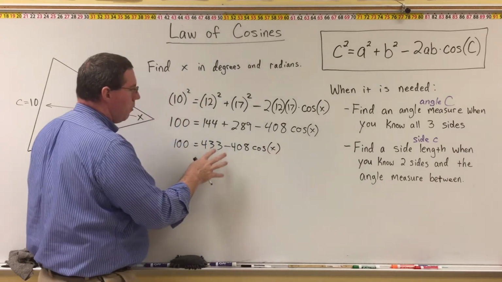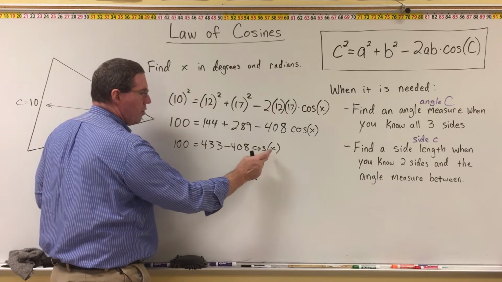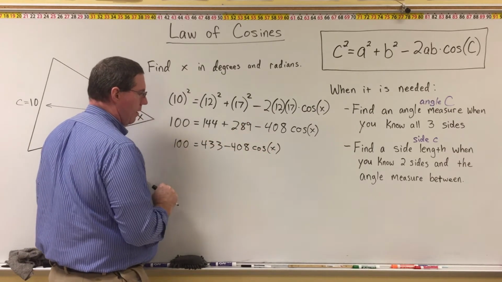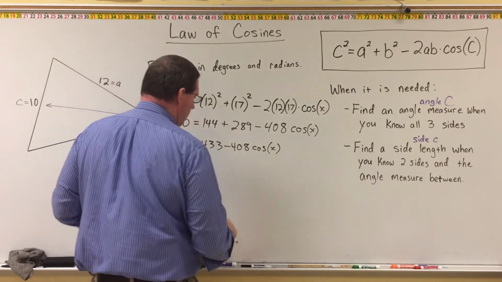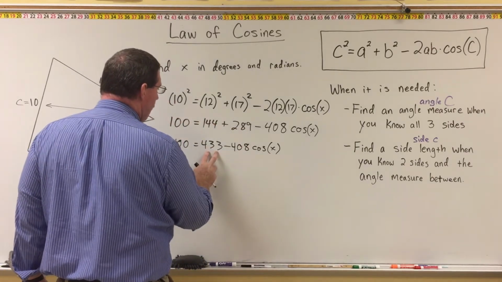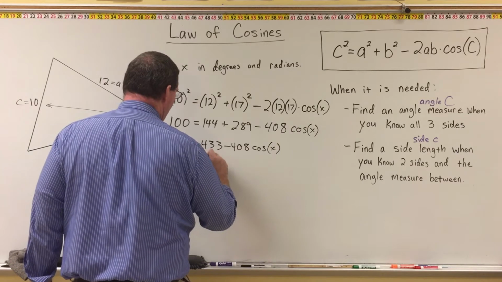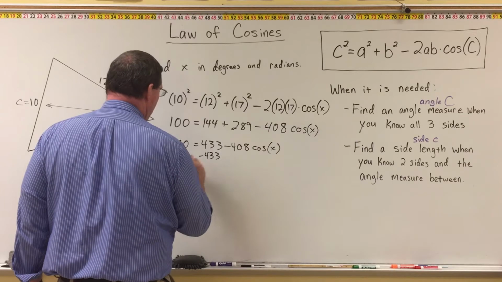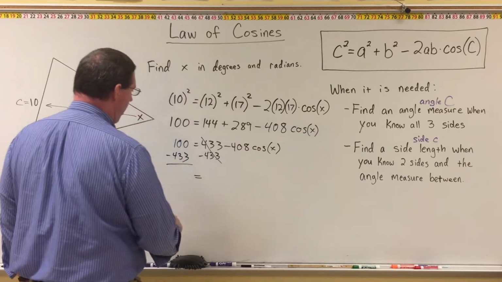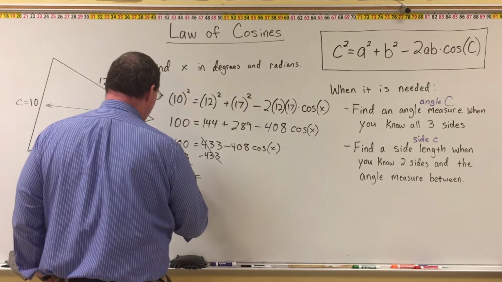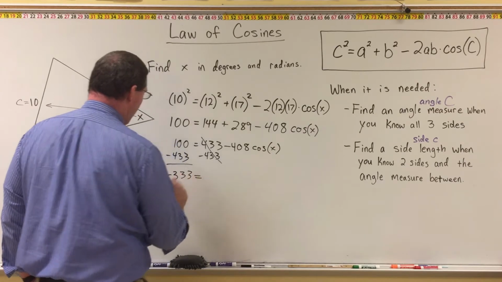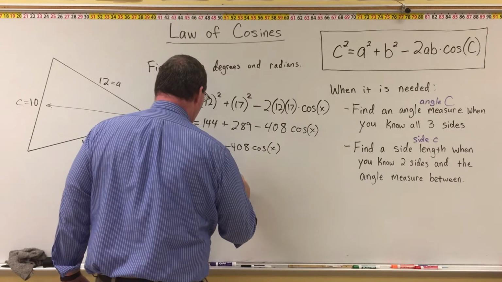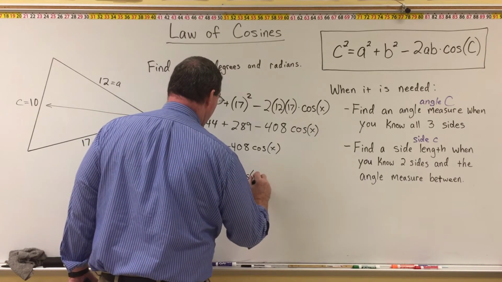Okay. Now we just need to do some algebra. We're trying to solve for x, so we need to move everything on the right side over to the left side. Now we can switch it around if we want to, but let's not worry about that right now. This 433, we can do something about that. We're going to subtract 433 from both sides. Over here it's going to cancel, bring down the equal sign. 100 minus 433 is negative 333. Carry down the negative 408 cosine of x.